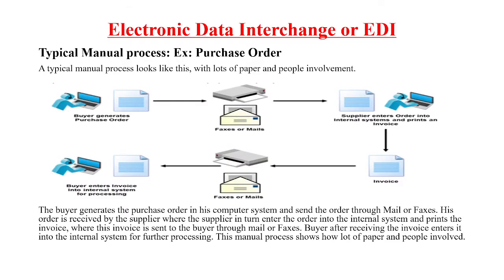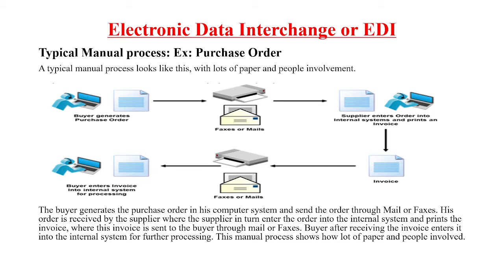Now, when we look at a purchase order done in EDI, first consider if EDI is not used, that means before EDI, in a manual process, how this purchase order used to be done. When you look at the picture, the buyer generates the purchase order in his computer system.